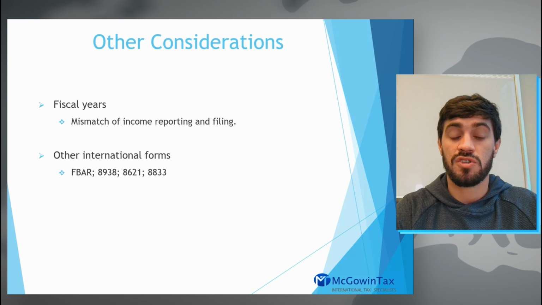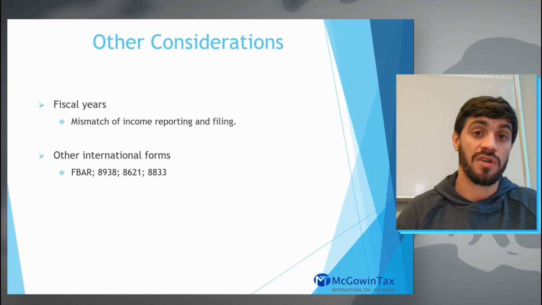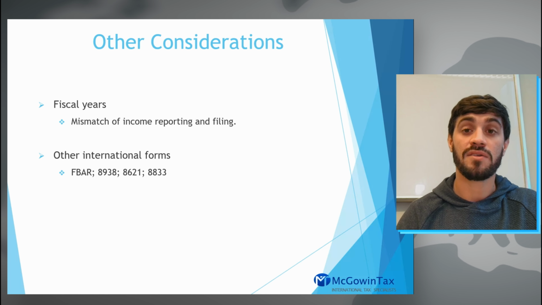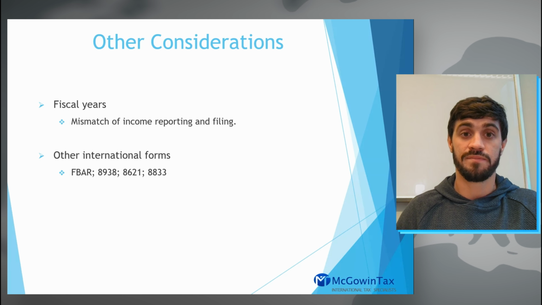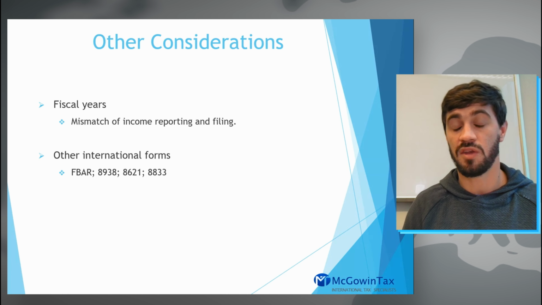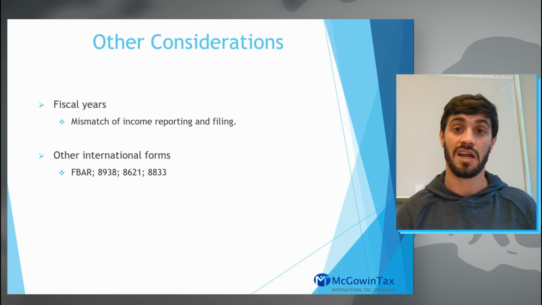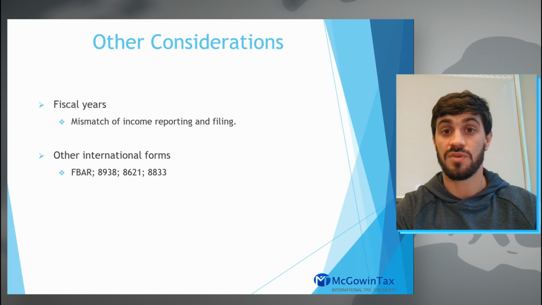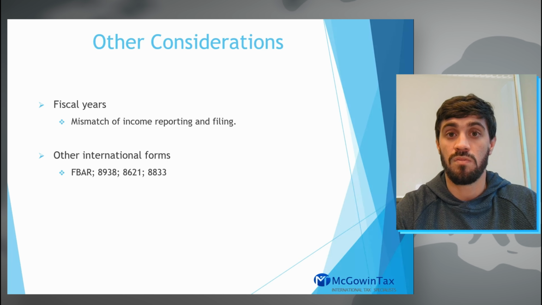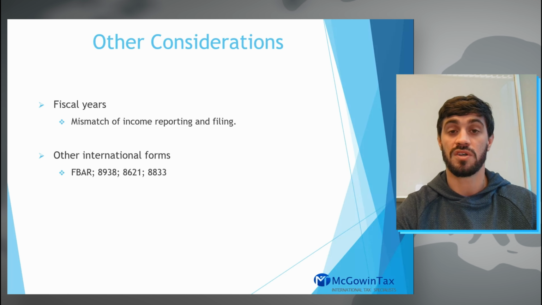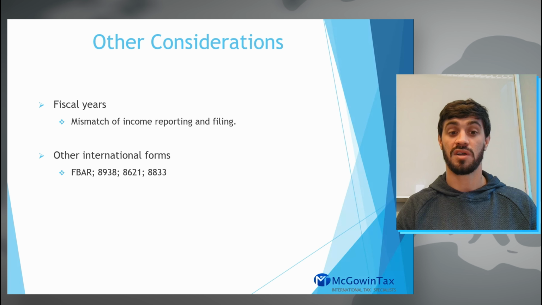And another thing to just remember is that when you have these foreign grantor trusts, the filing requirement's important, but you also have to pick up the income that goes through it. Now, it kind of depends on what, if you're looking at a certain type of retirement account, we have to apply the tax treaties for a particular jurisdiction to make sure that we're filing these things correctly. But as a general rule, if you have a foreign grantor trust, you have to look through to the assets of the trust.